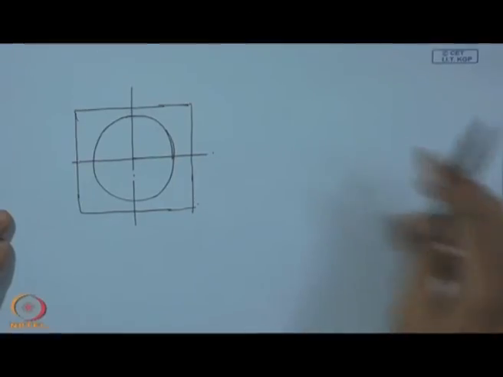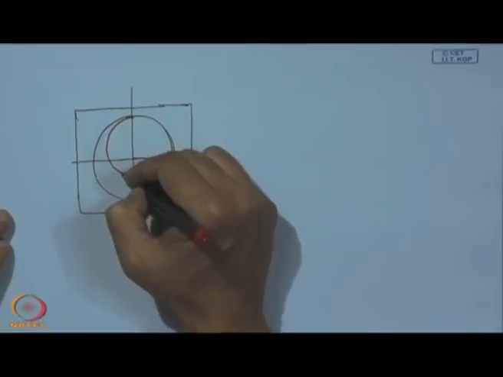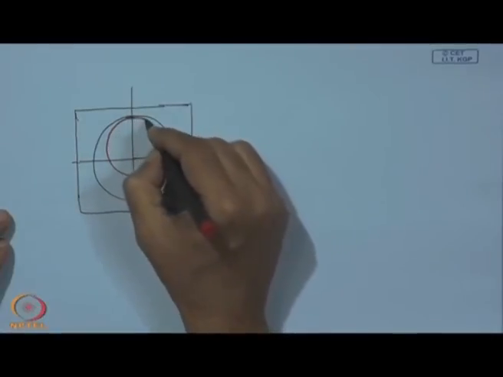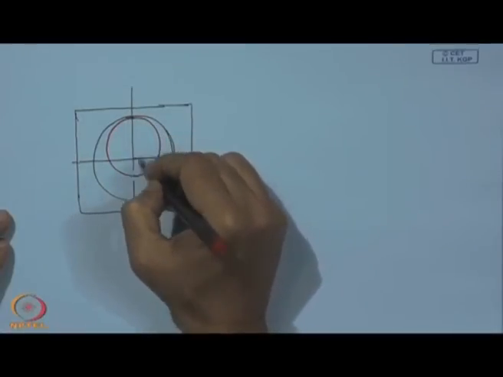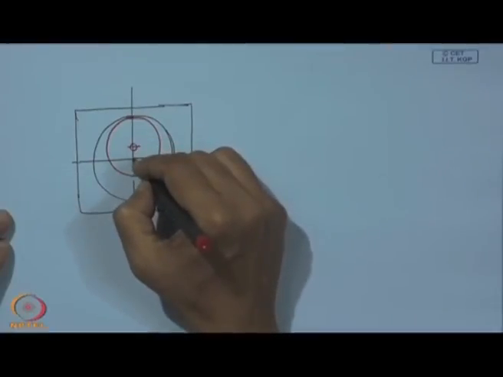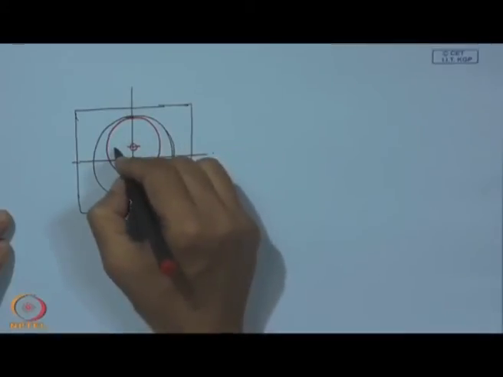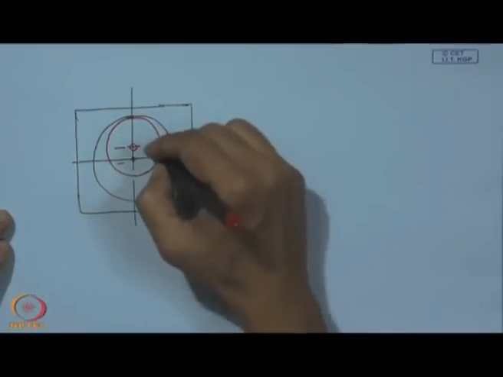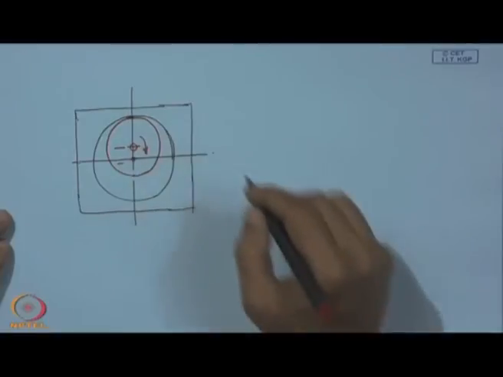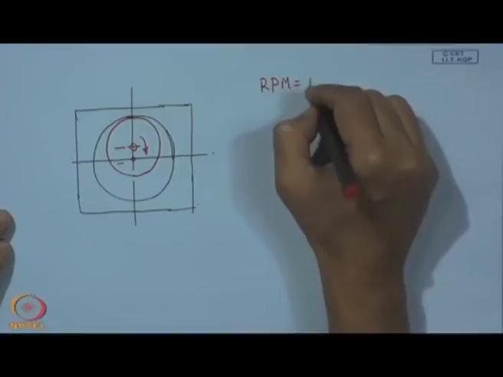Inside, eccentrically, a rotor is placed. So, this has eccentricity. This is the axis of the stator and this is the axis of the rotor. So, this is the eccentricity and this is moving in this direction. So, that is the RPM.